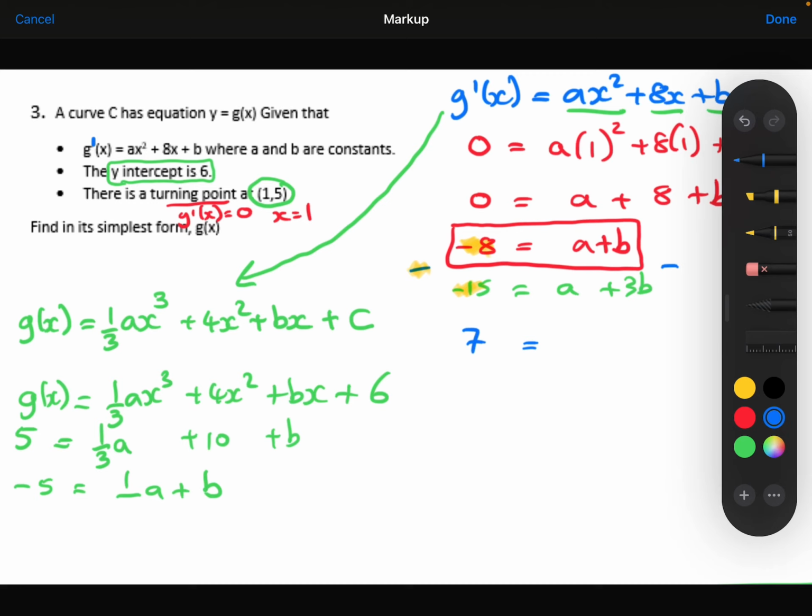The b, take away the 3b, is negative 2b. So b is 7 divided by negative 2, or negative 7 over 2.